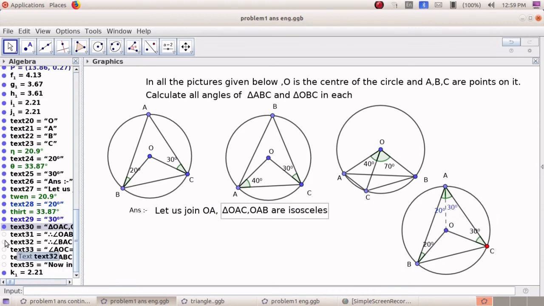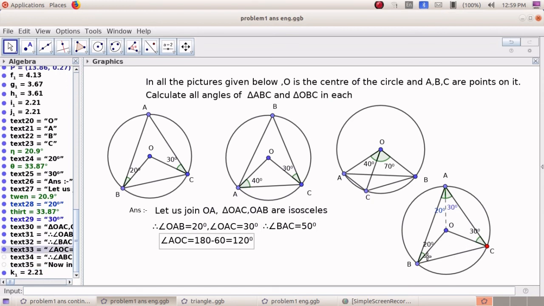Then we see this total angle is 20 plus 30, that is 50 degree. Now to determine angle B, let us think about angle AOC. Angle AOC will be 180 minus the sum of these two 30s, that is 60. Therefore, 180 minus 60 will be 120 degree.